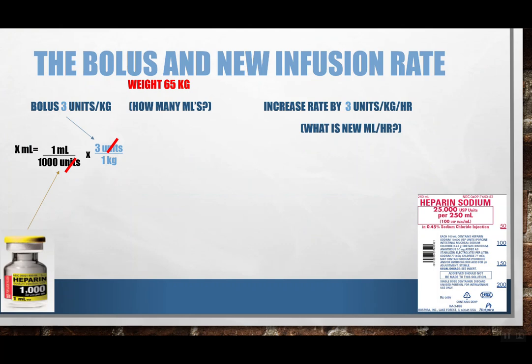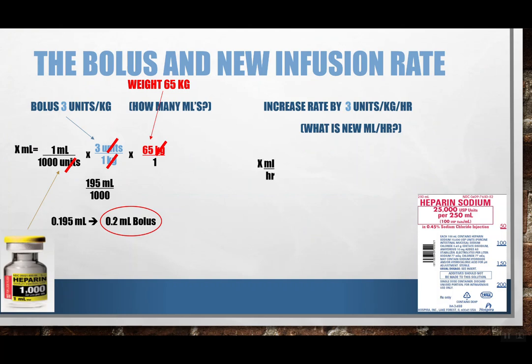But now I have mils on top and kilograms on the bottom. How do I cancel that out? Well, I bring in that patient's weight, which allows me to cancel out the kilograms on top and bottom. All I have left is mils. It's 195 mils over 1,000, which is 0.195 mils, which goes to a bolus of 0.2 mils. Happy little red cloud there for it.